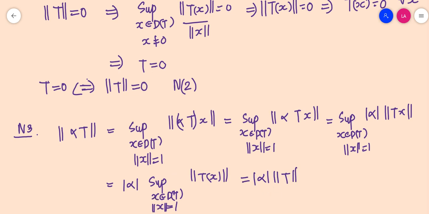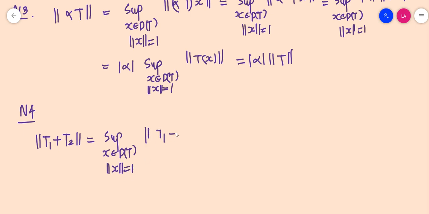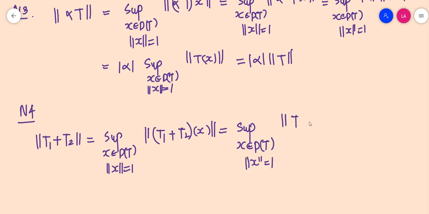Now moving on to the fourth property, N4. For the property norm of T1 plus T2, the triangle inequality, which we have to prove, by the definition it is the supremum over x in D(T), norm x equal to 1, of norm of (T1 plus T2) of x, which is equal to T1 x plus T2 x.